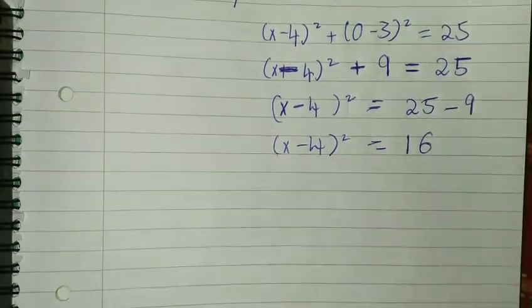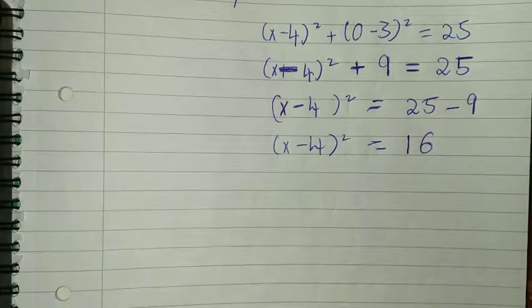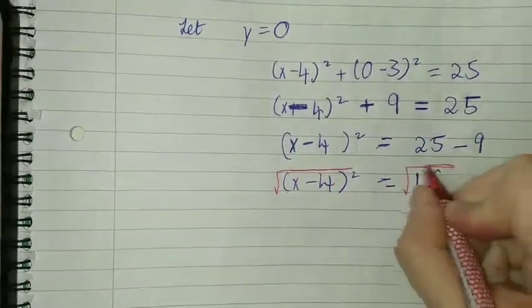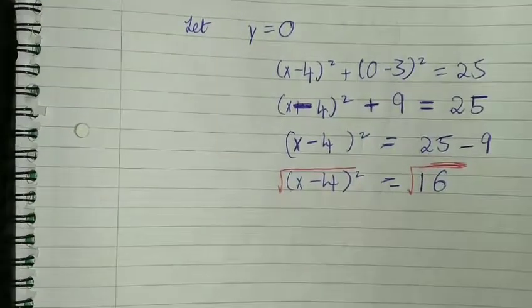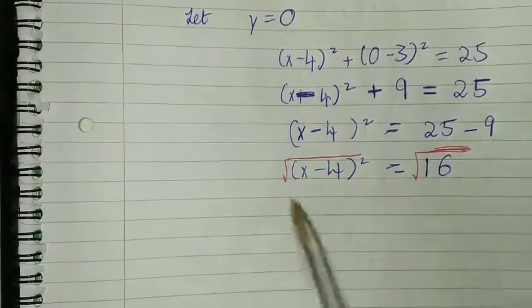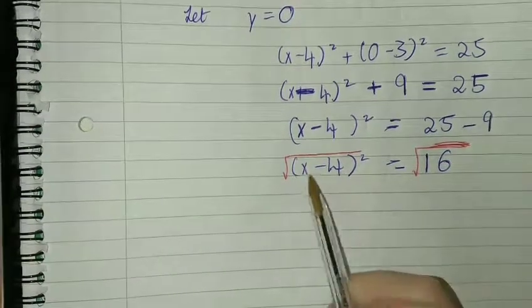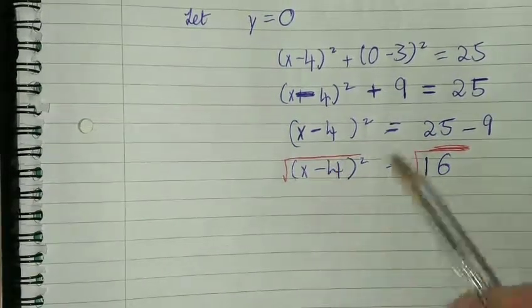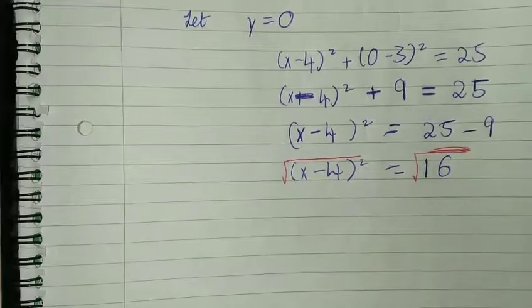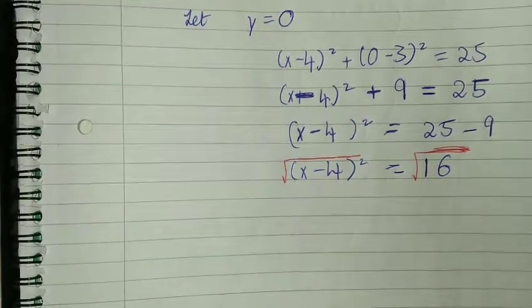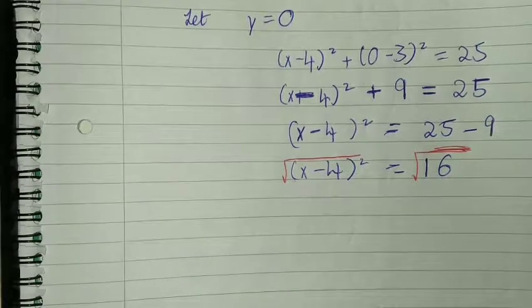So we have two options for this. We can multiply that out and do quadratics, or we could get the square root of both sides. The only thing that we're going to have to be careful of is that the square root only gives the positive square root. When we square something, we're always going to get a positive, but we could have started off with a negative.